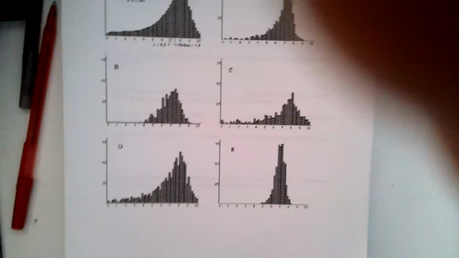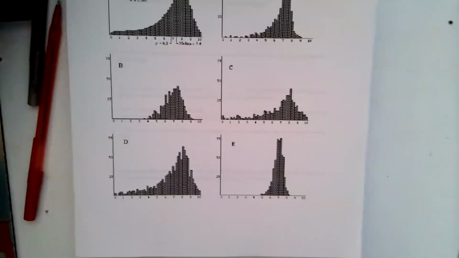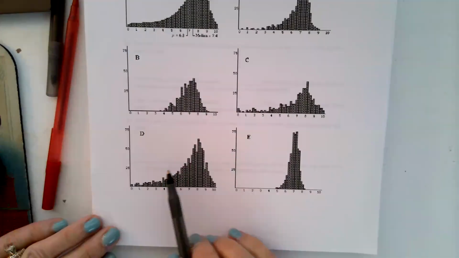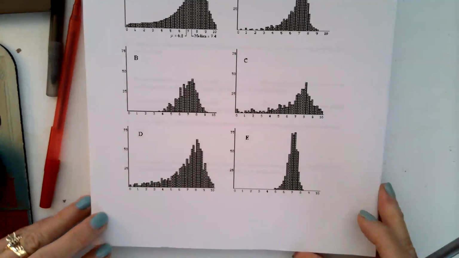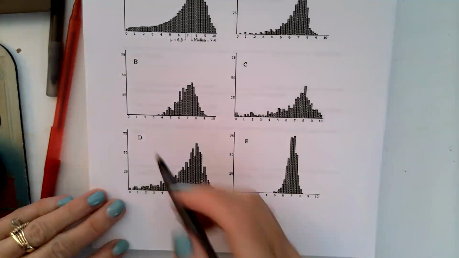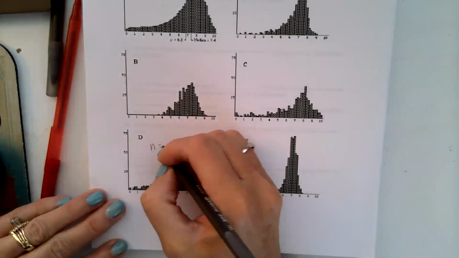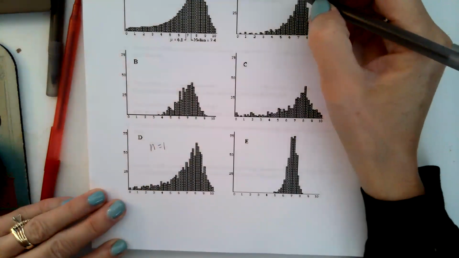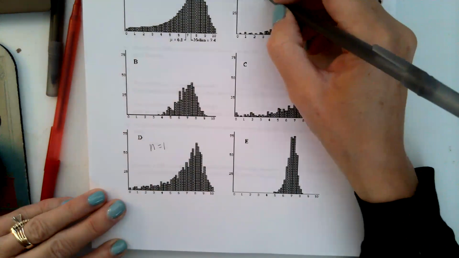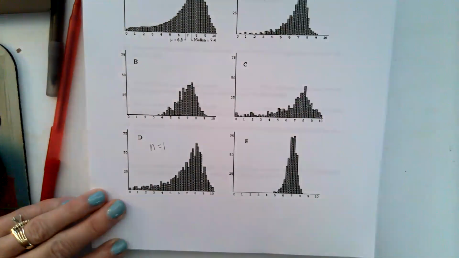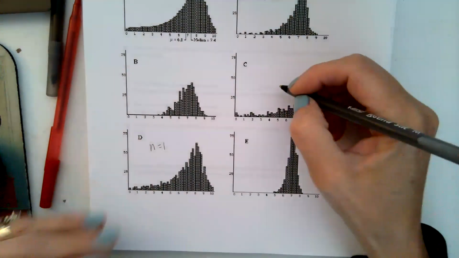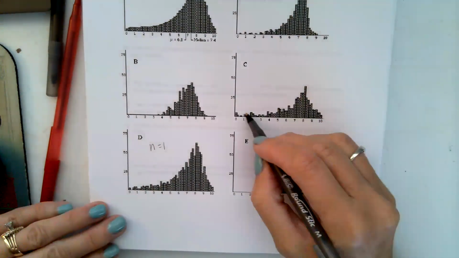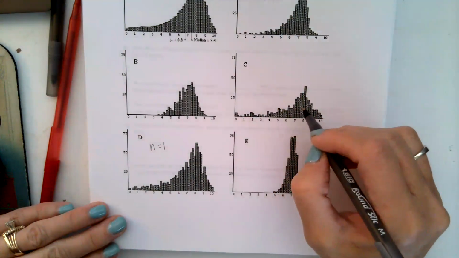Okay, so the population distribution can be skewed, but when we start taking samples, the bigger the sample size, the more the sample is going to be normally distributed because the samples will be similar to each other. Okay, so the one that is still very skewed left, which would be letter D, is going to be the sample size of 1, and then this other one is going to be sample size of 2, and then it's getting less and less. Oh, wait.